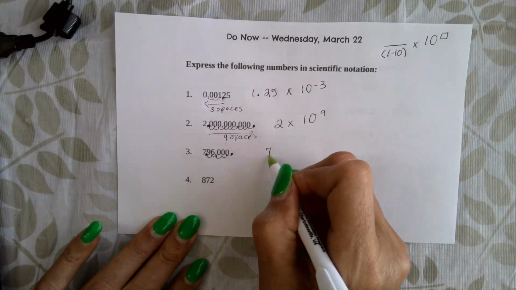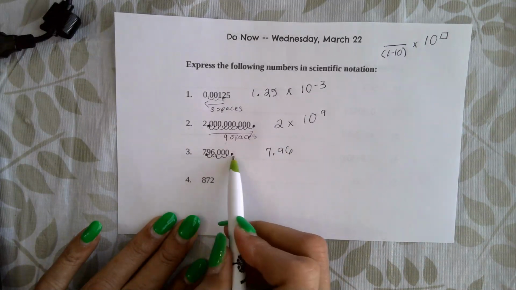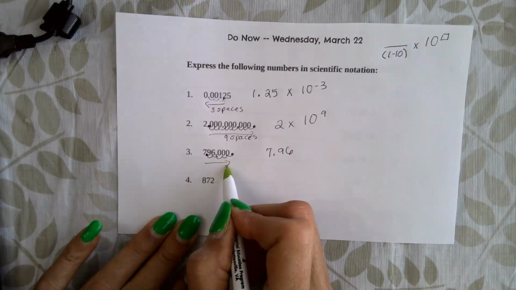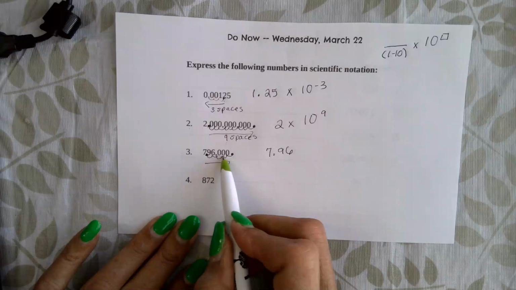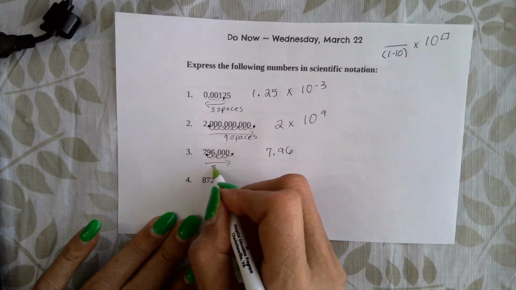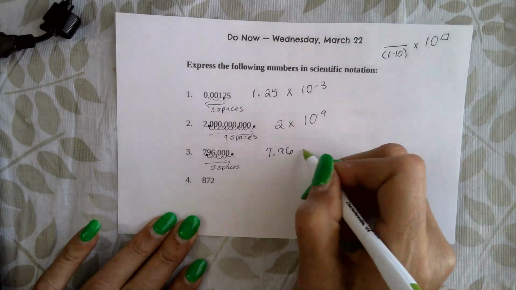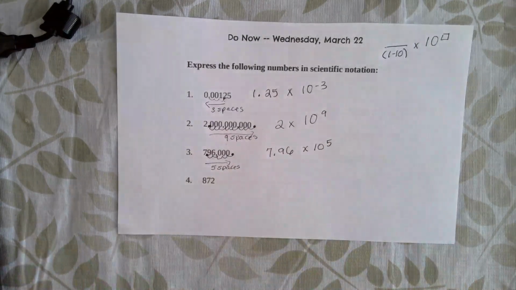So that's going to be my leading number. To go from here to here, to get back to my original, I'm moving my decimal point to the right. How many spaces? 1, 2, 3, 4, 5. So we moved it 5 spaces to the right. So that means it's going to be times 10 to the 5th power.